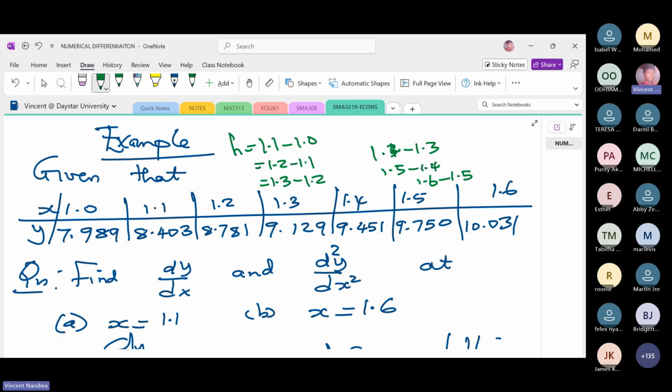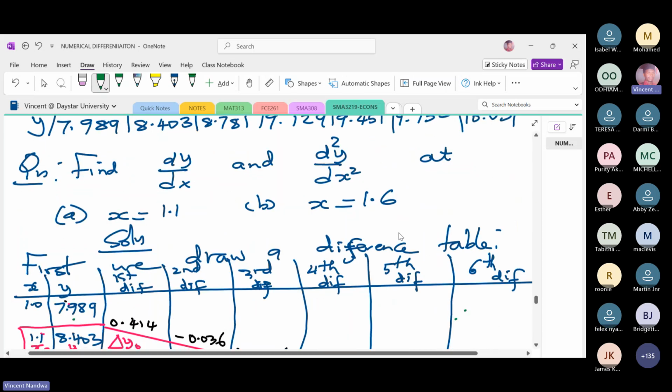It is actually uniform for all. So when you are having the same table like this, whether you are using the Newton forward or Newton backward formulas, h remains the same. Thank you. So it's 0.1.